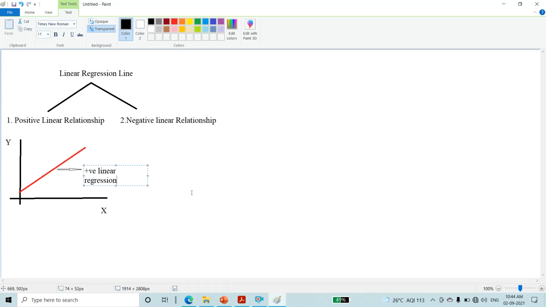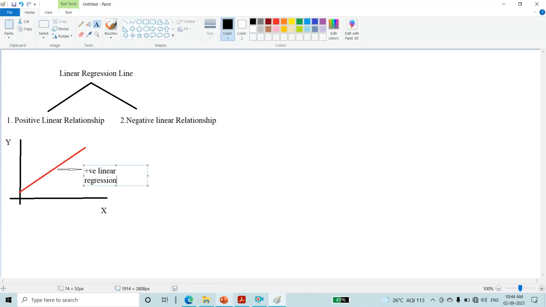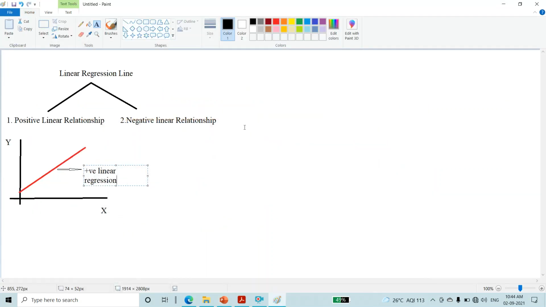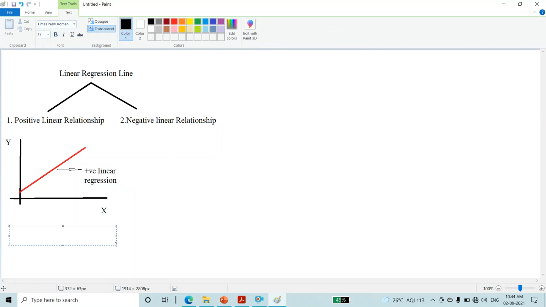Okay, and the equation is what? अगर हमारा जो भी नॉर्मल लीनियर रिग्रेशन है उसका फॉर्मूला क्या है? y इक्वल टू a0x प्लस a1. ओके, so this is our line of equation for this positive linear regression.